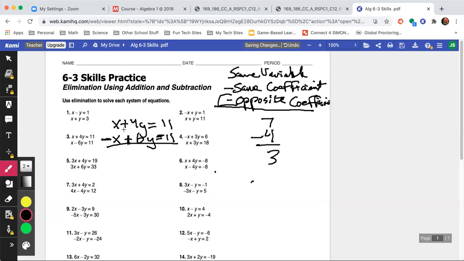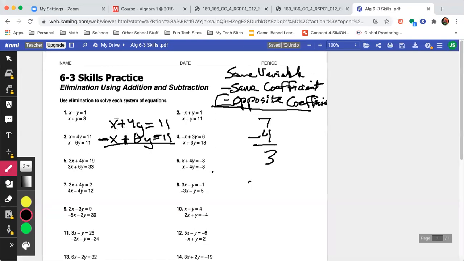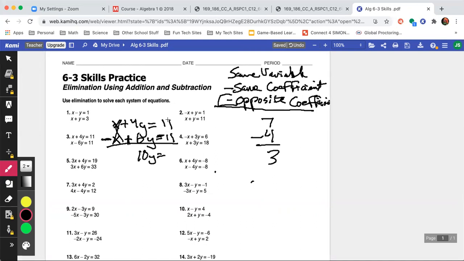All right. And so then you just add it, right? Because that kind of is what subtraction is, right? So x minus x gives you 0, right? So that gets rid of that. 4y and 6y give you 10y. And then 11 minus 11, or 11 plus negative 11, gives you 0.